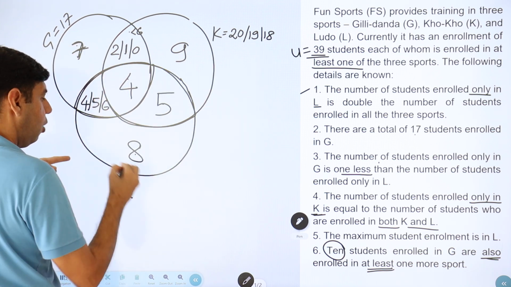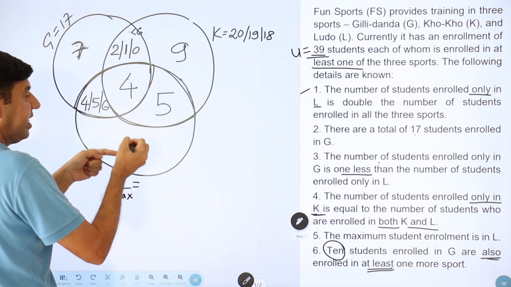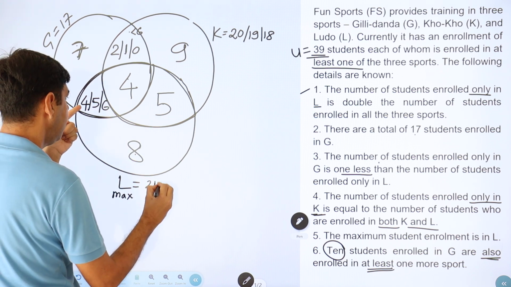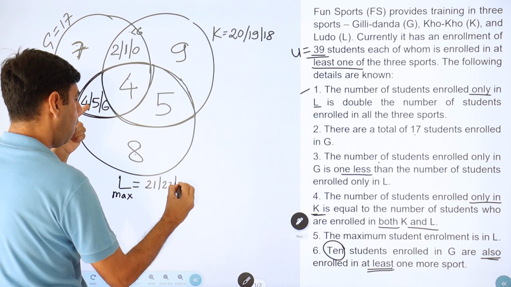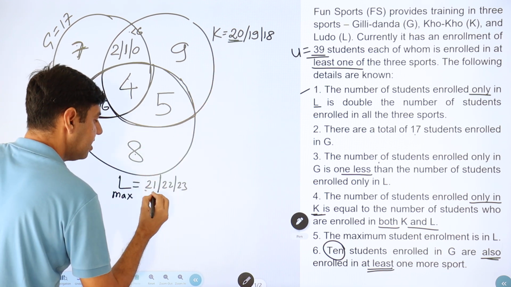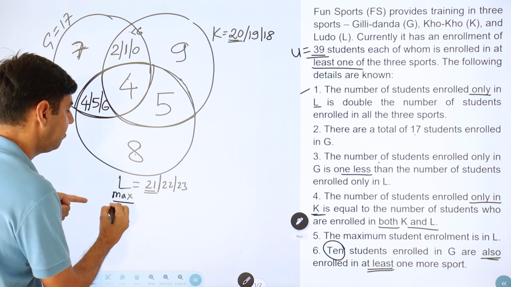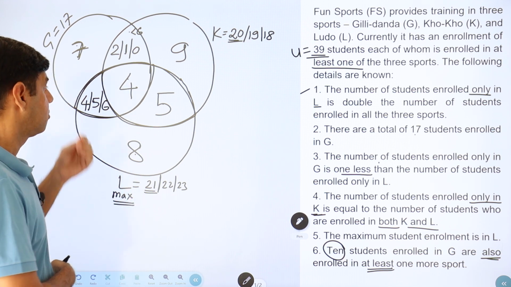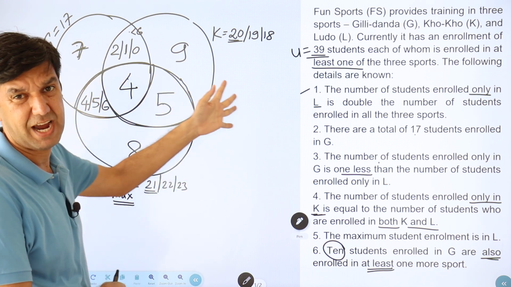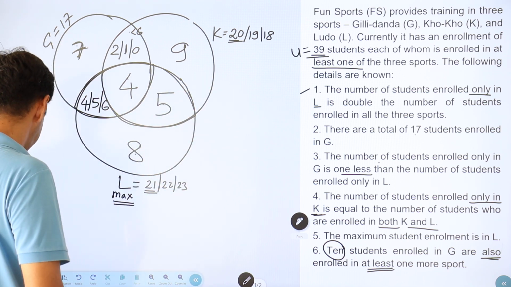How about L? 9 and 8, 17, 17 and 4, 21 or 22 or 23. Even if you take the first case, this is 20 and this is 21. Isn't L maximum? Pretty much, right? So depending upon 3 cases we have, and it's very characteristic of CAT to have multiple possibilities.